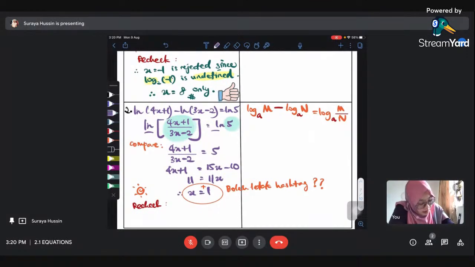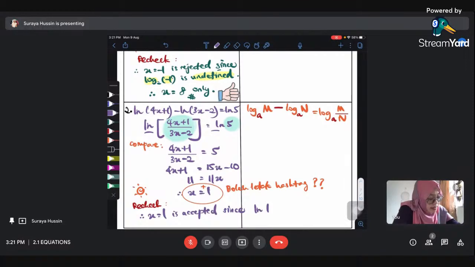So in conclusion, x equals to 1 is accepted. Sama ada rejected ataupun accepted because ataupun since ln 1 is defined. Ln 1 is defined ataupun ln 1 is a positive value, macam tu.